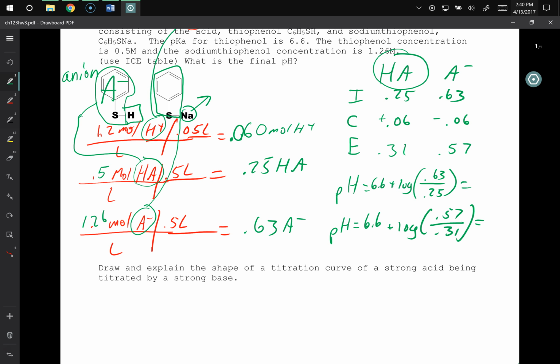This 0.6 plus 0.63 divided by 0.25 equals. Okay, we are with that.